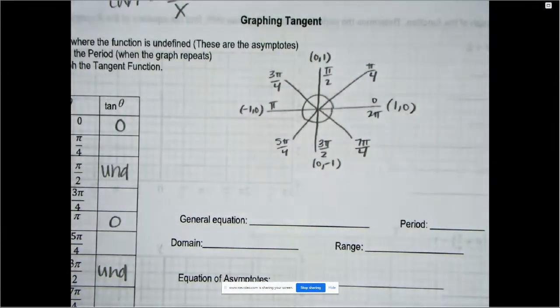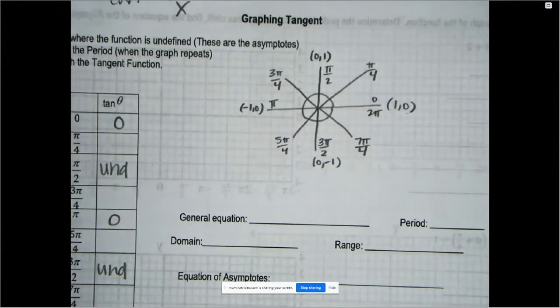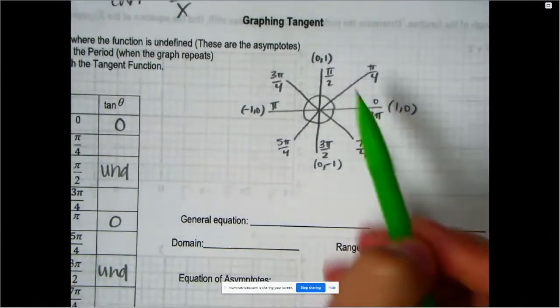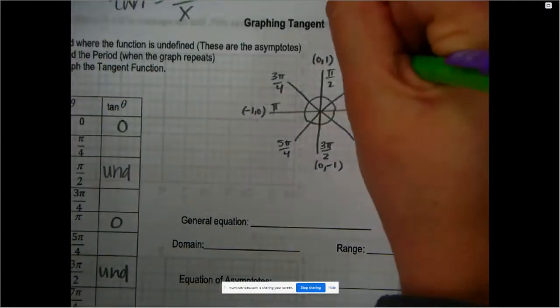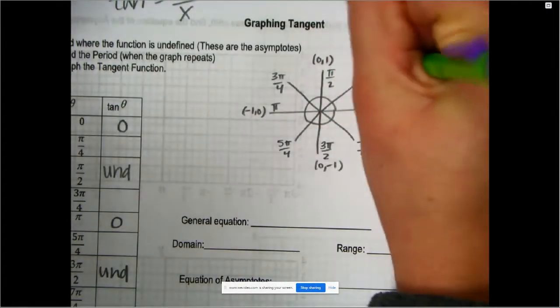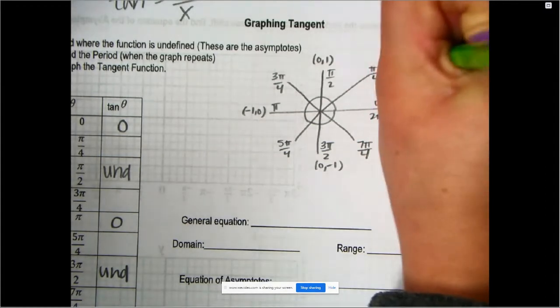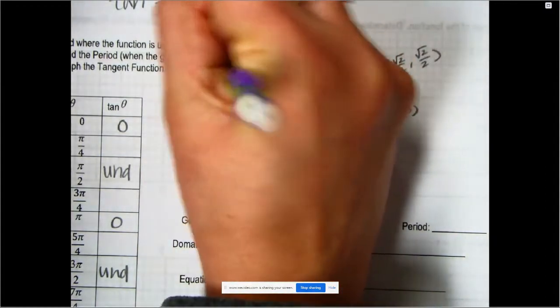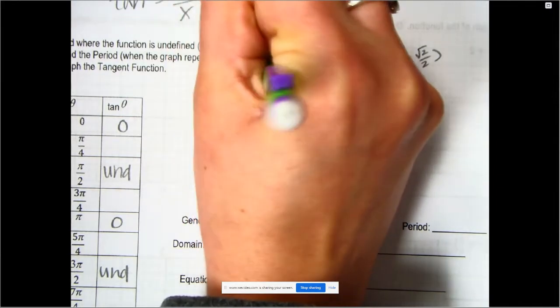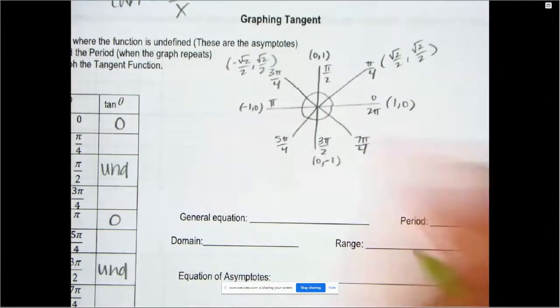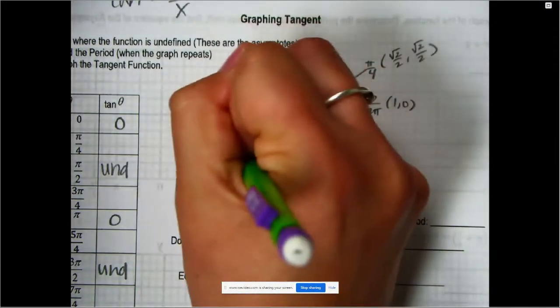Again, this is from our unit circle. And all of these coordinates, like the 1, 0, 0, 1, are the root 2's over 2's. So we have root 2 over 2, root 2 over 2. If I go to the left, the x value is now negative. Y value stays positive.